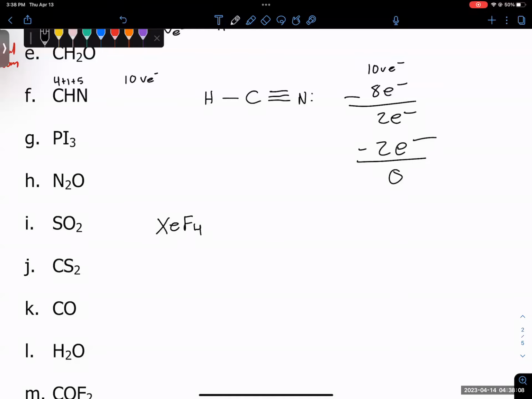So how many valence electrons does xenon have? You look on your periodic table, 8. And fluorine is gonna have 7. So 7 times 4 is 28, plus 8 is how many electrons?